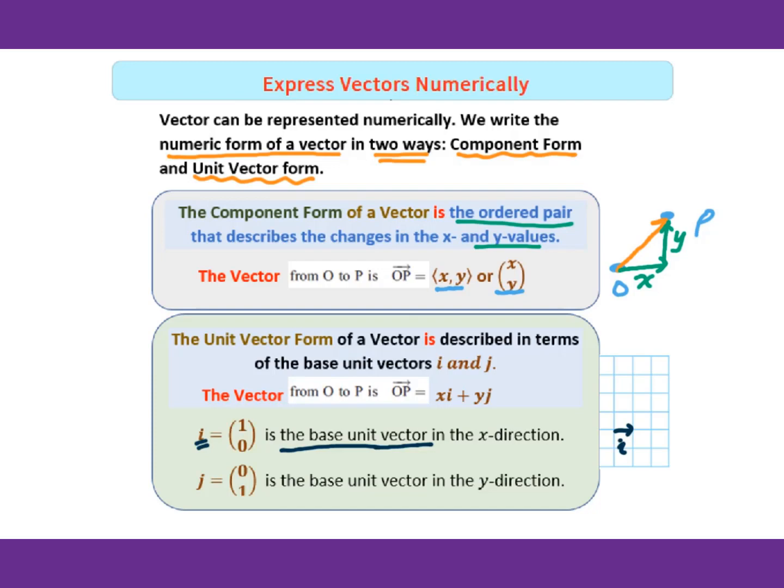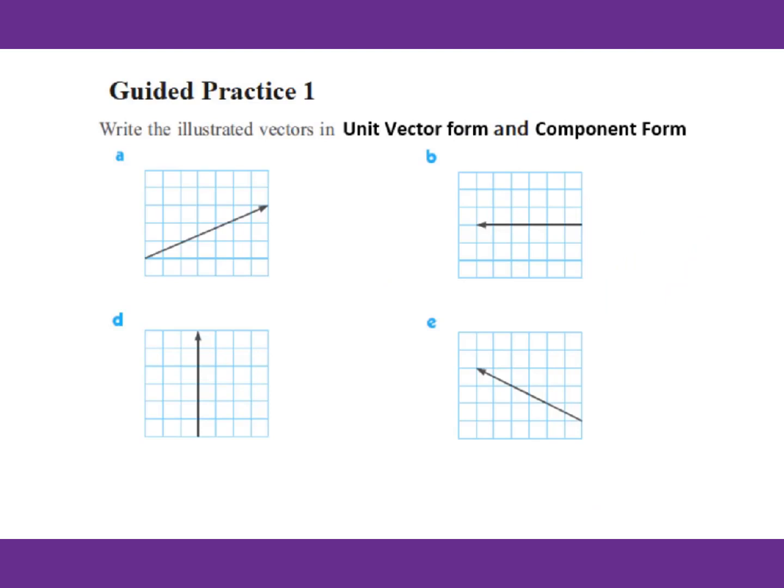And j equals (0, 1) is the base unit vector in the y direction, meaning go up 1 unit. This is j. So the vector from O to P is OP equals xi plus yj. Let's go to guided practice 1.